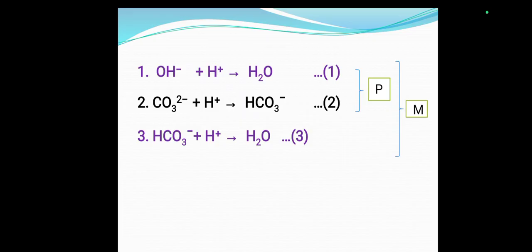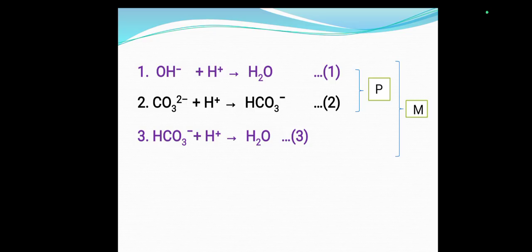So as far as reactions are concerned, as we have seen already, the first reaction is H plus with the strong base, that is OH minus, a complete neutralization. Then in the second, carbonate reacts with H plus, it gets half neutralized and we get a bicarbonate. For the first two reactions we used P, phenolphthalein indicator, and in the third reaction, that is the second step of the titration, bicarbonate reacts with H plus and produces H2O.